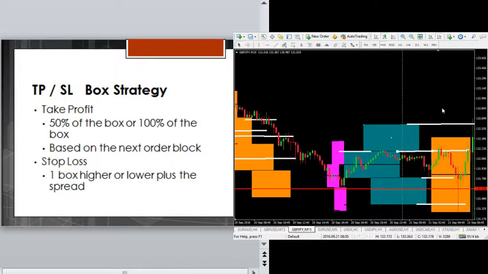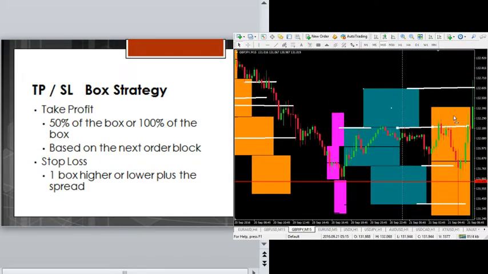That is to be exact. And again, it went down. Still within the box here, and our pre-London box, rather our New York box as well.